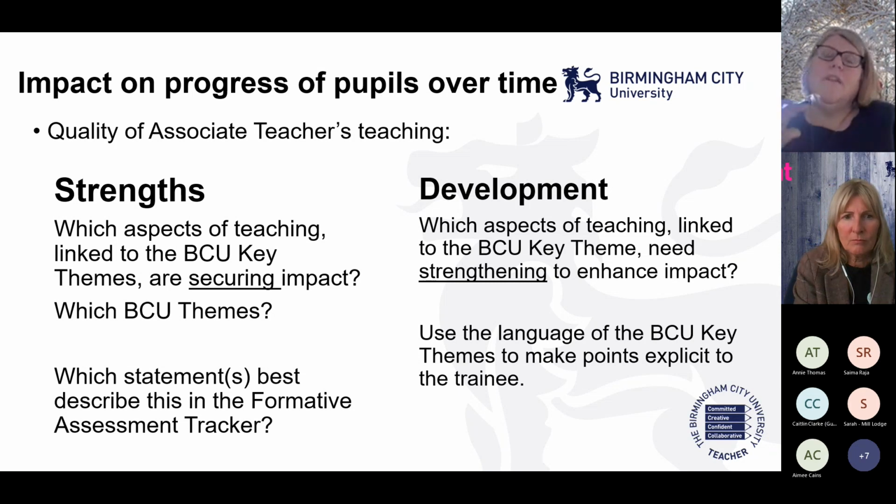And I think one of the things is to use the language of those key themes to make those points and those targets really explicit to the trainee as well, so they can begin to make the links between what development we want to see and how they see that development in their practice.